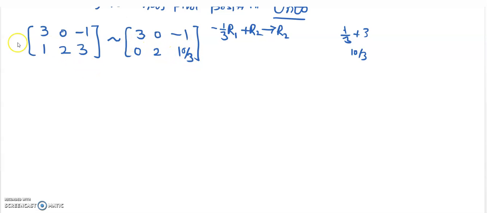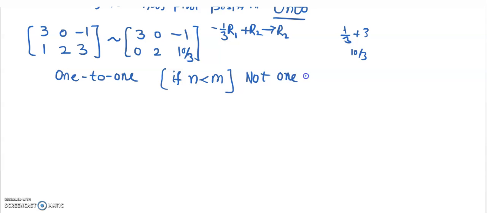Now in this case, if we want to determine whether it is a 1-to-1 and onto transformation, for 1-to-1 the answer is no, because one of the rules is that if n is less than m, then the transformation will not be 1-to-1. Here n is the number of rows, so 2 rows, and m is the number of columns.